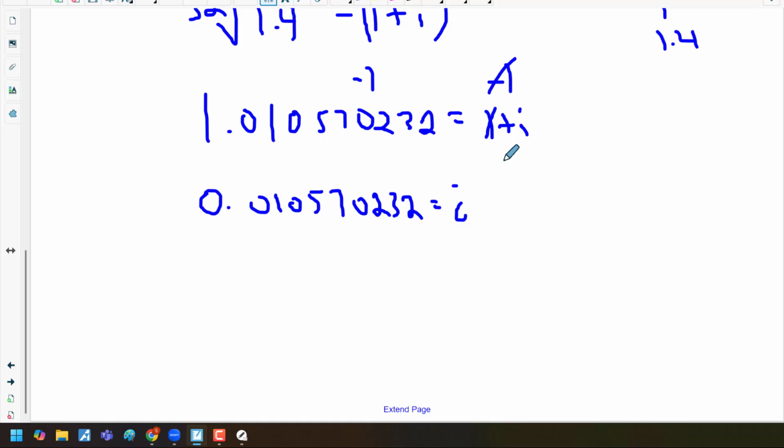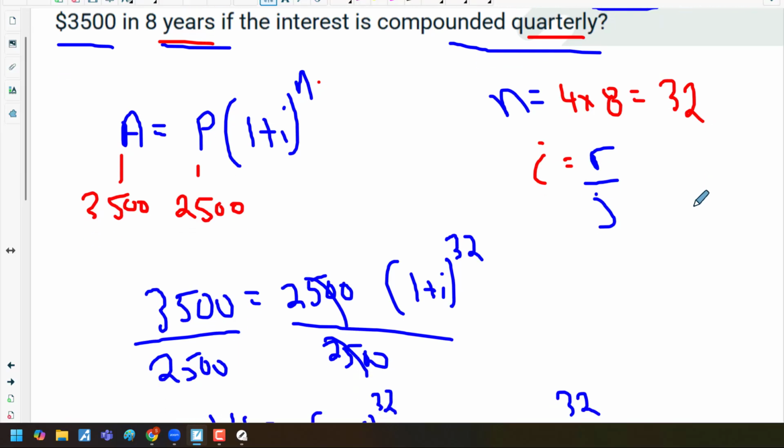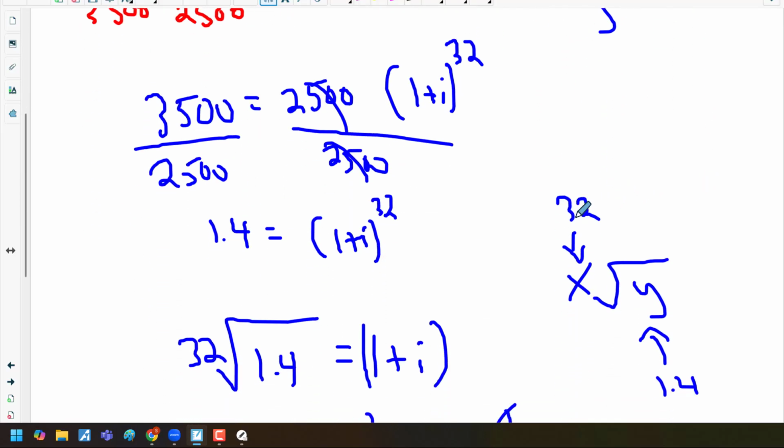But don't forget that i is a little bit tricky. You have to remember that there is a j value, and i is equal to your interest rate r divided by j. Remember r over j.